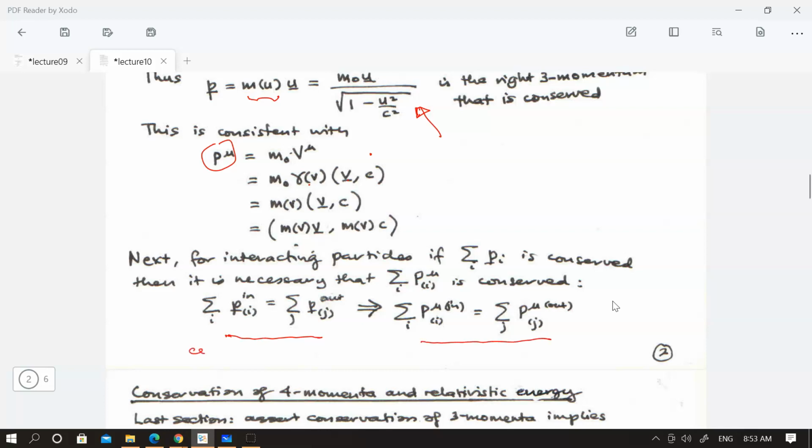Let me write that: conservation of three momenta in the relativistic sense implies conservation of four momenta. So that is the conclusion of this part.